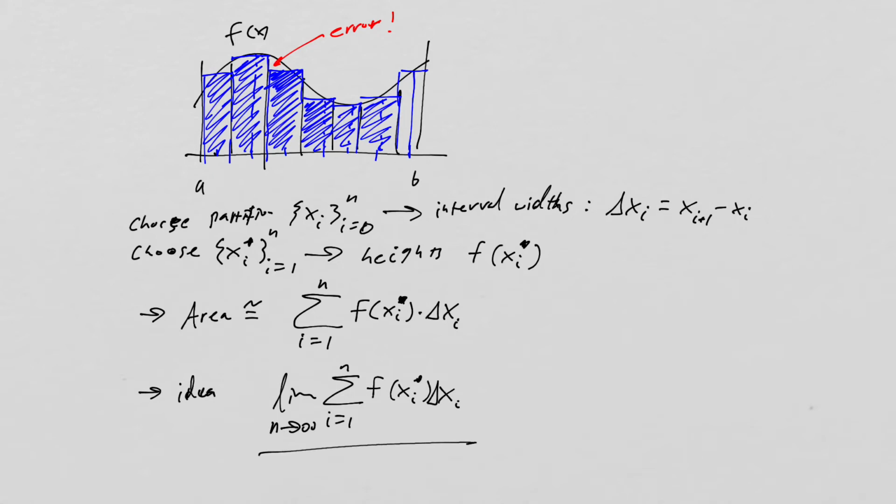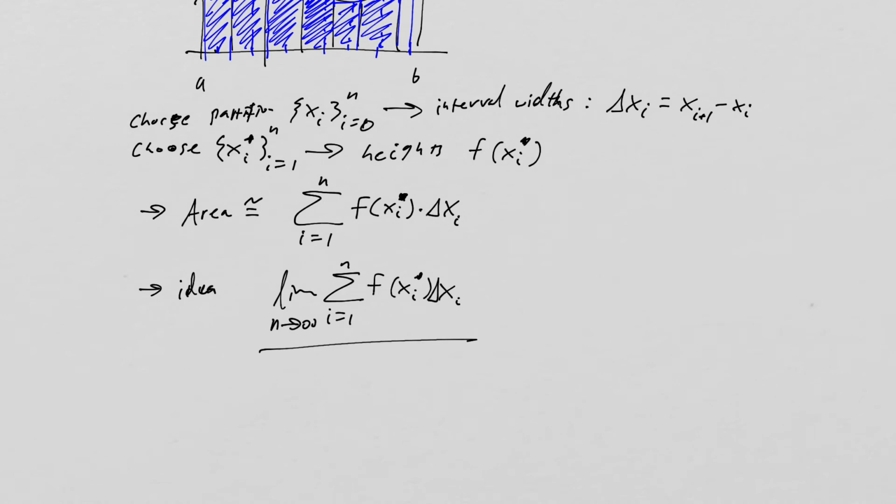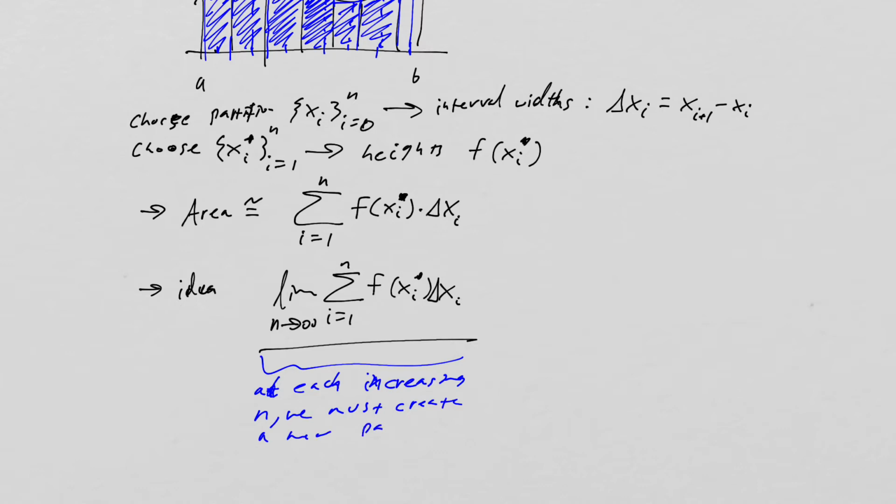So in this case, I need to make a comment here. At each increasing n, we must create a new partition, a new set of representative points.